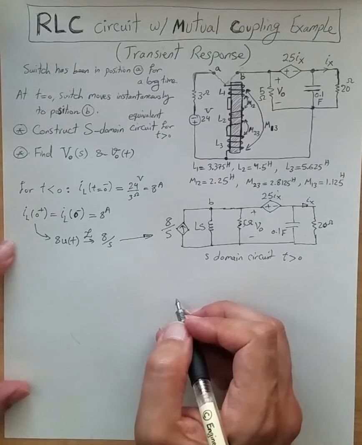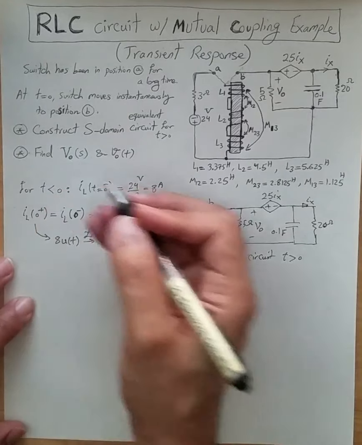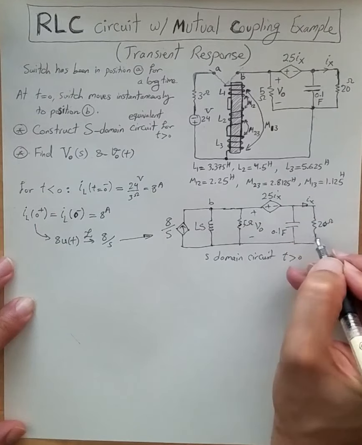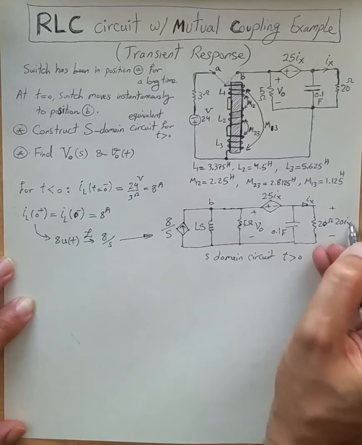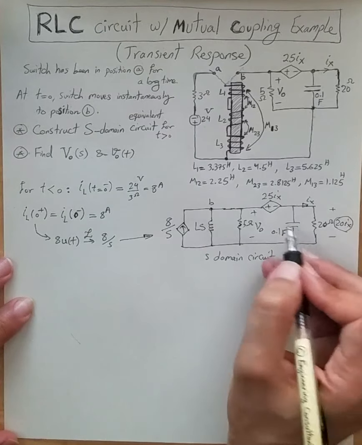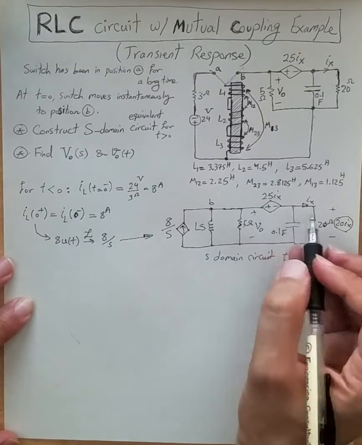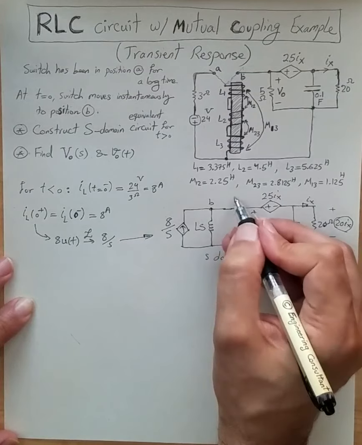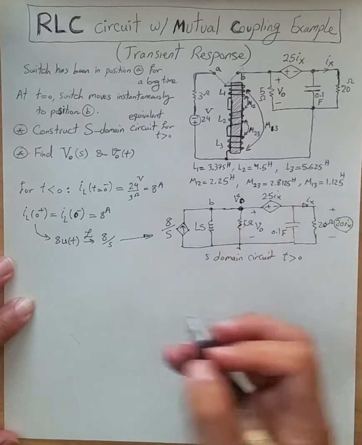Now we have to find the S-domain representation of Vout. Ix is flowing through the 20 ohm, therefore the voltage drop across the 20 ohm would be 20 Ix. Adding this 20 Ix and 25 Ix gives the voltage at this node, which is our Vout, with this as the reference.